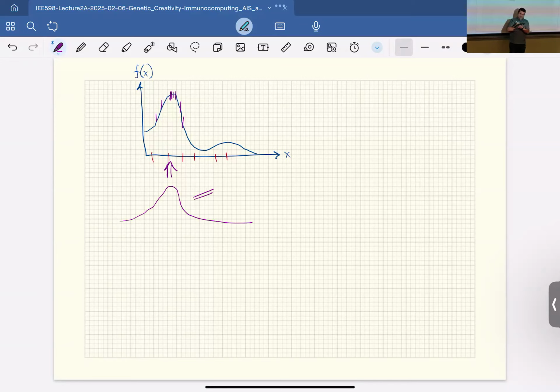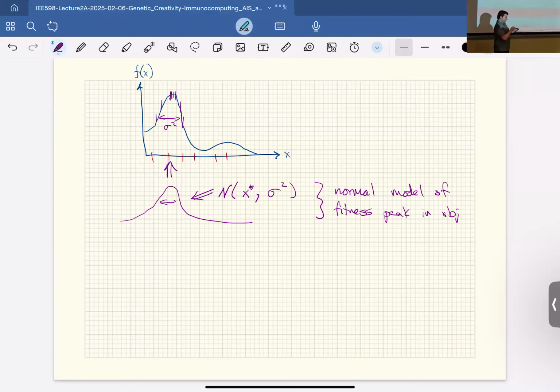So this here will be like a normal distribution, which is centered at the optimum X star that has a variance which is roughly related to this. So this is like a normal model of fitness peak in the objective.